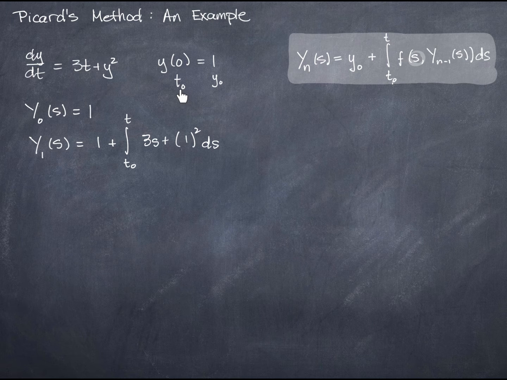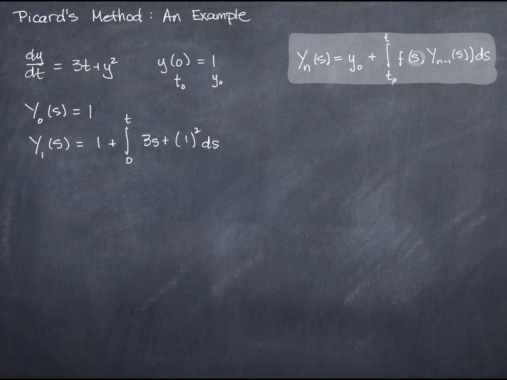We're not really speaking in general terms here. This is a general formula for Picard's method, but this is a specific differential equation and a specific set of initial conditions. So t naught representing an unknown but constant value is not unknown if we have the specific problem. This time my t naught is 0, so now I can replace this with 0.